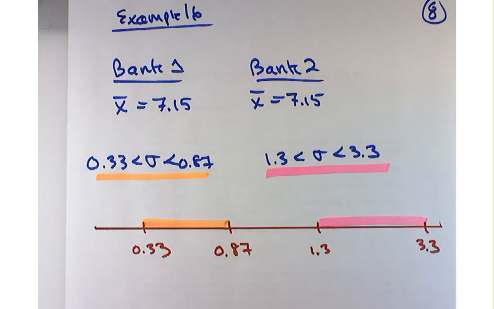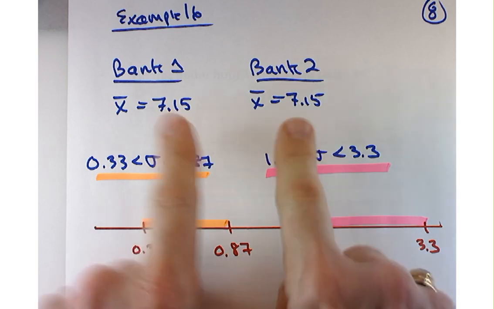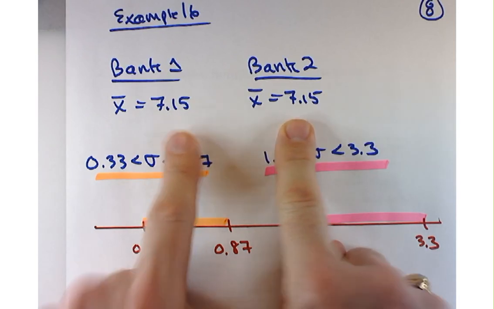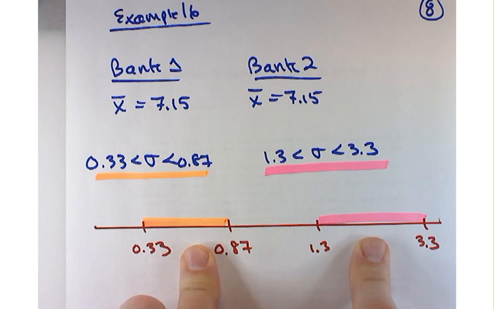There's no overlap between those two, is there? So it suggests that the banks have a different standard deviation of wait time. Even though they have the same mean wait time, they have a different standard deviation of wait time. So that's one of our conclusions here, that the standard deviation of wait times is different.